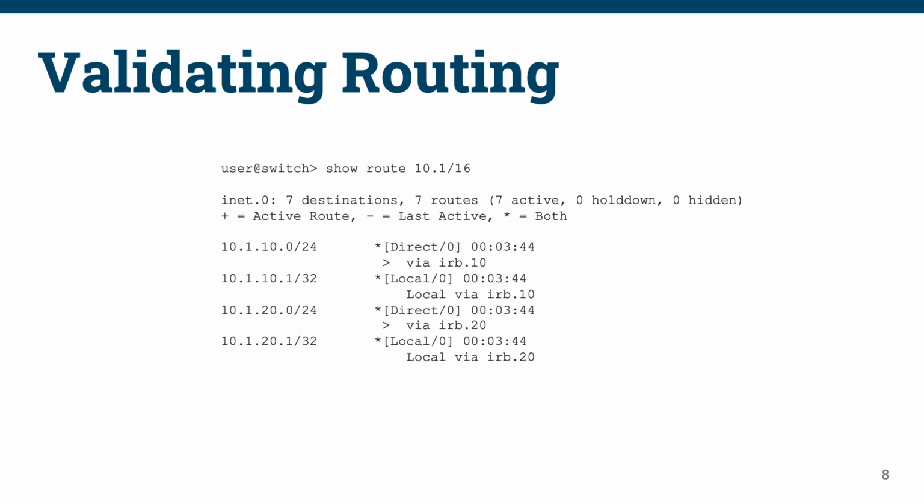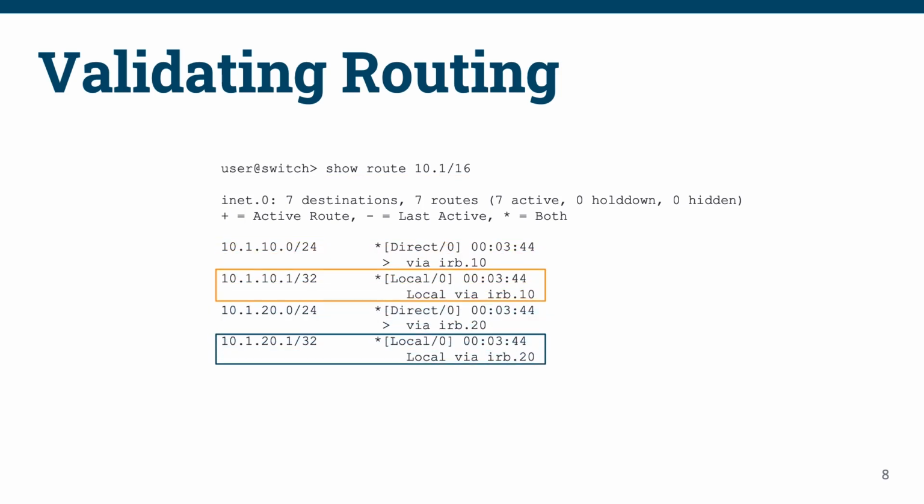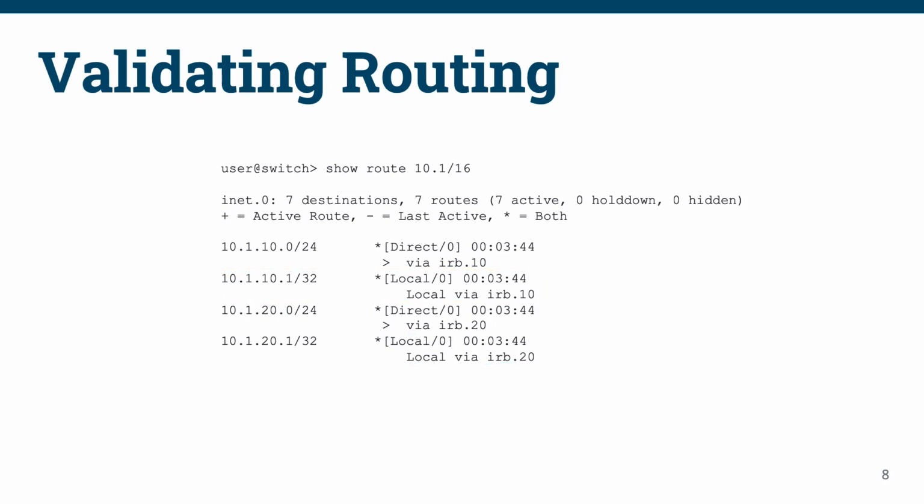Here we use the show route 10.1/16 command to view this information. We see both the direct routes and local interface IP address routes are present in the table, showing these routes to be accessible via the IRB interfaces we configured.